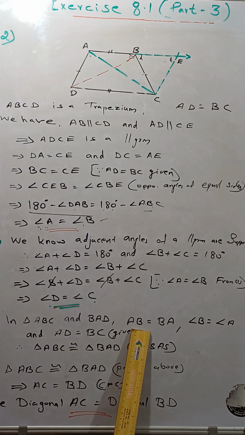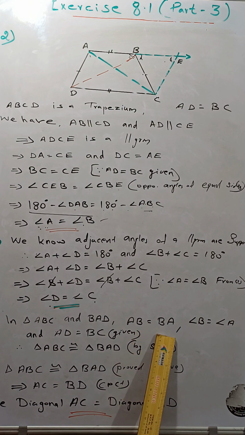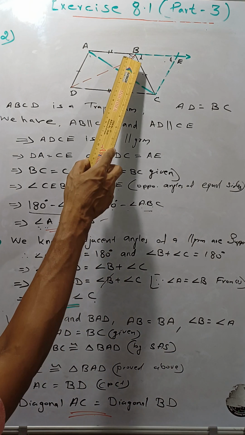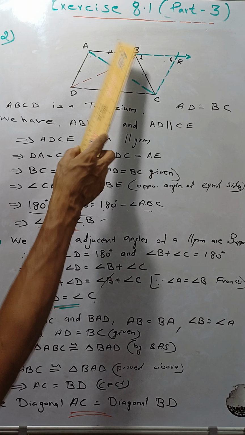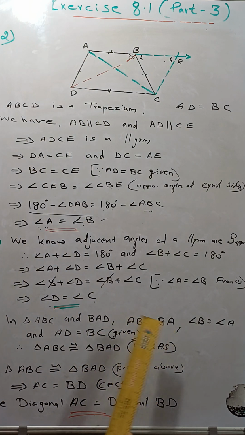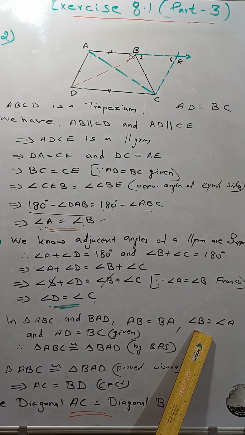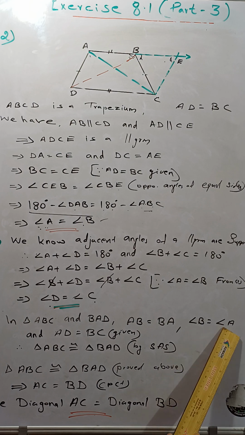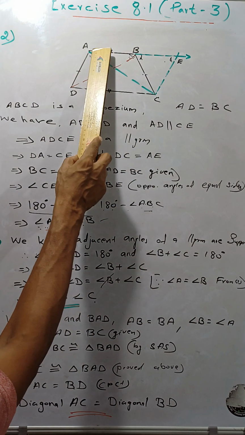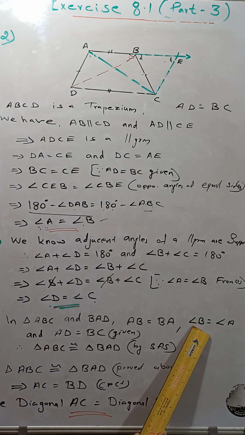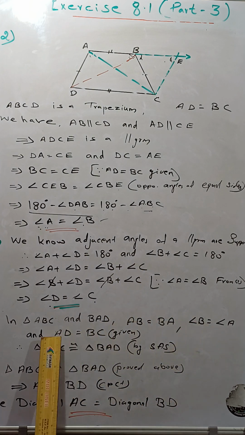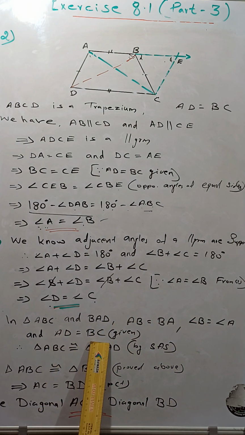AB is equal to BA. In both triangles, AB is common. Then angle B is equal to angle A. Angle B and angle A are equal, that already we have proved. And AD is equal to BC.